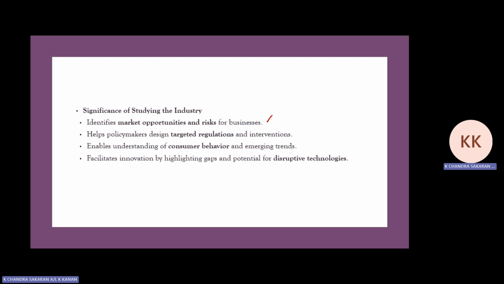You will be able to understand what the market opportunities in this industry are, what the risks of the firms in this industry are. Is there any government control of the industry, the regulation? You can study that. That's why you choose this industry.